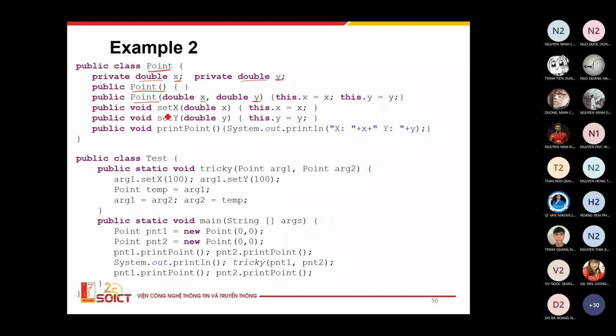And I declare methods set and get for x and y, and assign values to x and y. I declare the method printPoint.